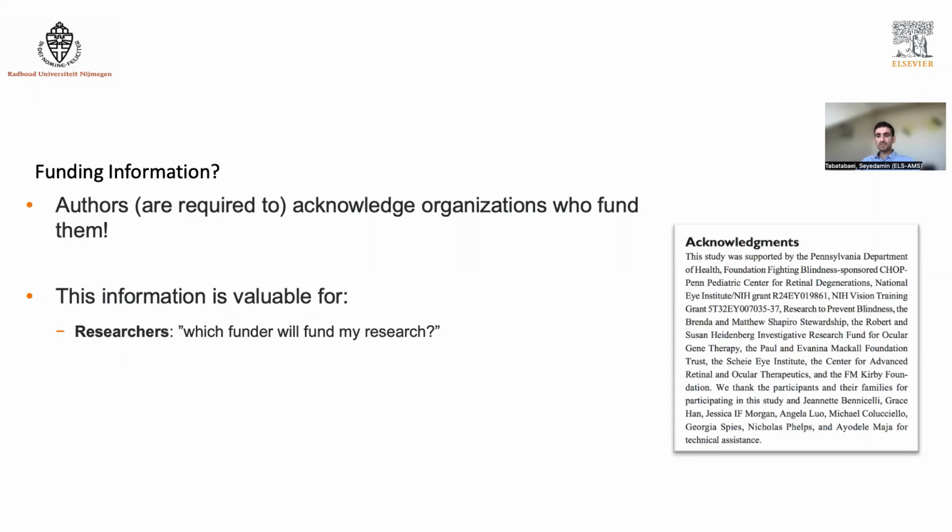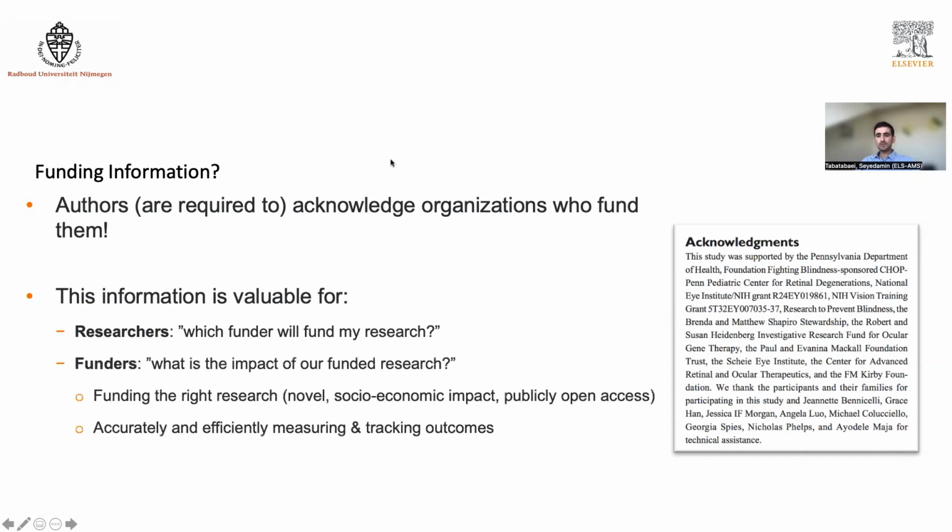You can use this capability of Scopus to figure out which funders might fund your research. Also, this helps funders to understand the impact of their funded researches. They can check if they are funding the right researchers, and also they can measure and track their outcomes.